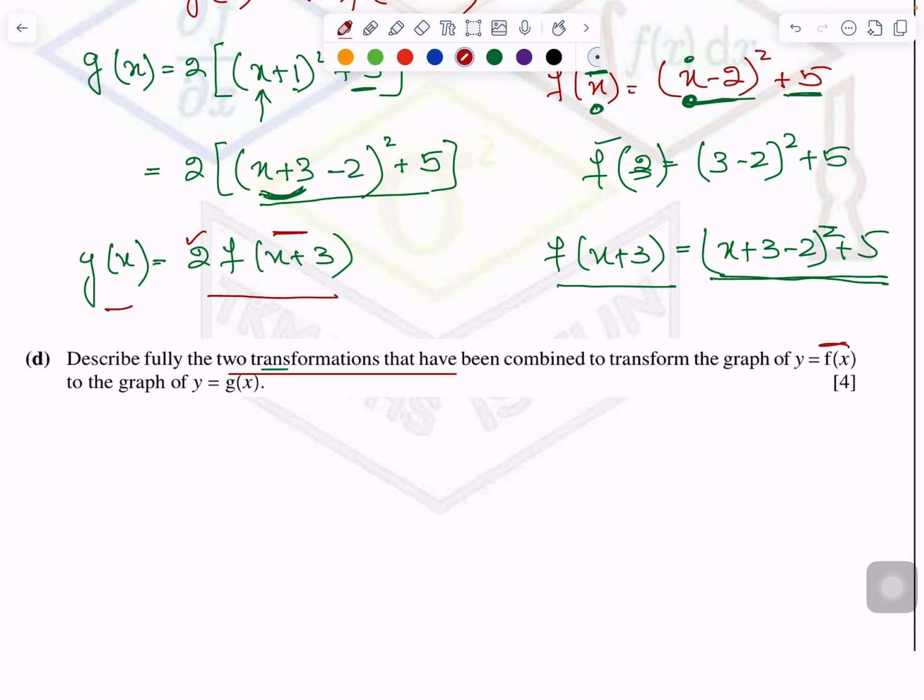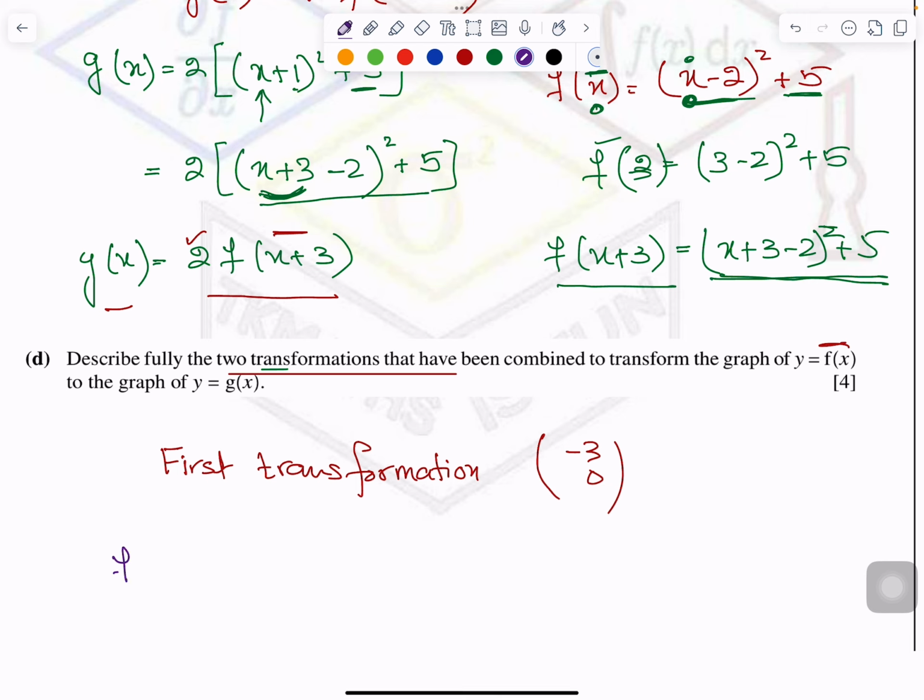So you can write here the first transformation is, because we go from inside to outside, first transformation. Sorry, my hand slipped. So first transformation is minus 3, 0. Why is it so? If you cannot recall, let me help you to recall.